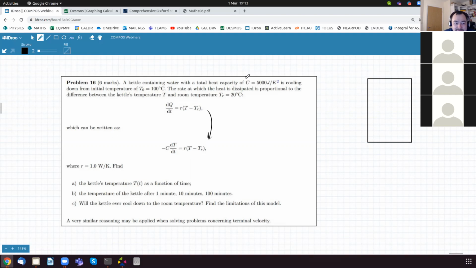So heat capacity of 5,000 joules per Kelvin. This 2 is a footnote. It's not a square. I hope that's clear. So 5,000 joules per Kelvin.